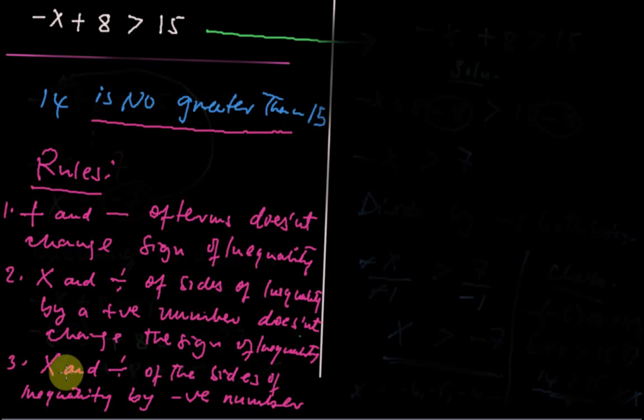So multiplication and division of the sides of inequality by a negative number will change the direction of the inequality sign.